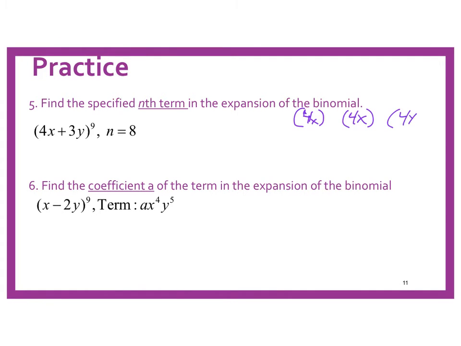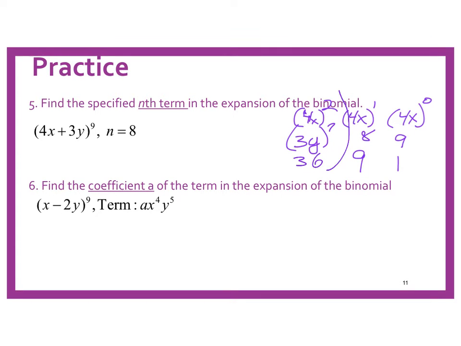And another 4x, that one's to the 0, 1, 2. Now, for the 3 y's, they're going to be to the 9, to the 8, to the 7. Right? And at the end of our 9th row, we would have had a 1 and a 9, and then this number, which would have been 36.